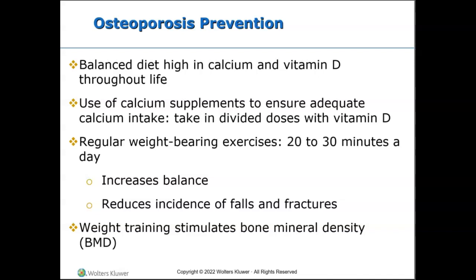So they're not having to build as much bone tissue up. Doing regular weight-bearing exercise after young adulthood can help prevent further bone loss and strengthen bone. It can also strengthen muscles and reduce the risk of falls.